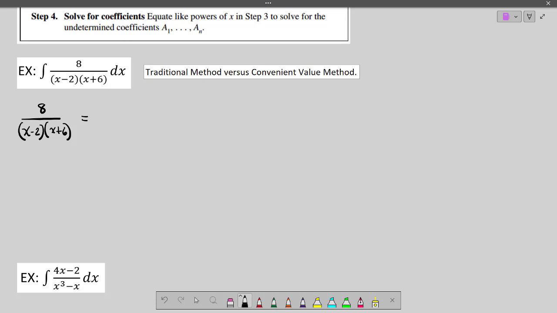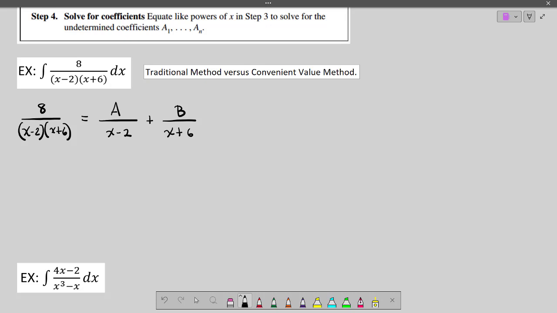We see 2 linear factors, and they are going to form the denominators of our partial fraction decomp. And in the numerator, there will be a constant. So that's it. Now we're back to algebra.